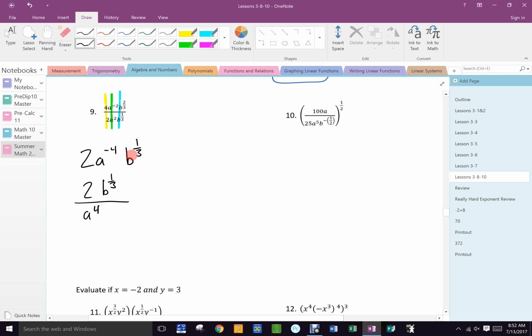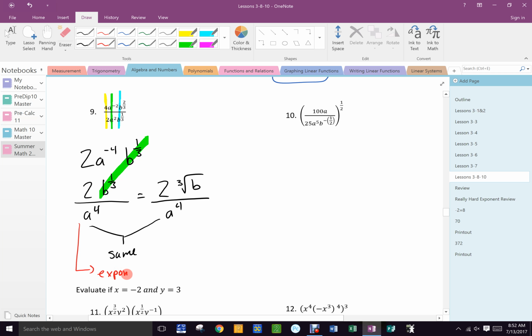Is there another way I can write this? What is it? Cube root of b, right? So I could rewrite this as 2 cube root b over what? A to the 4. These are the same. This guy is exponential form.